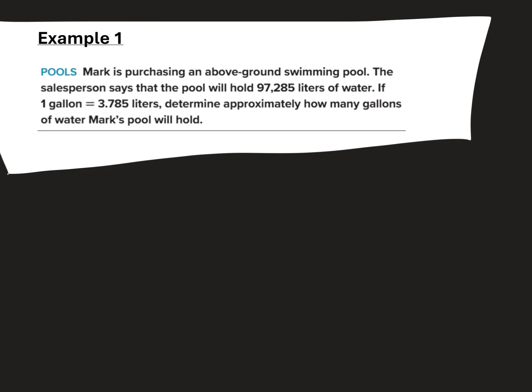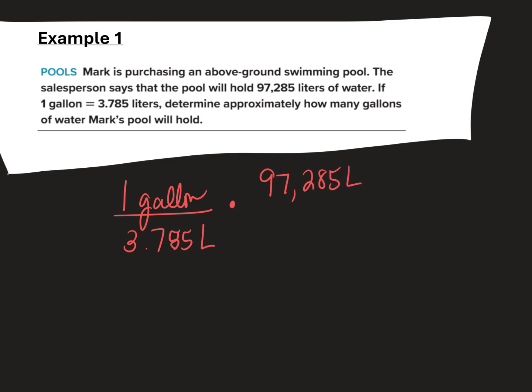If 1 gallon is 3.785 liters, how many gallons will Mark's pool hold? Well, we would multiply 1 gallon over 3.785 liters by 97,285 liters.